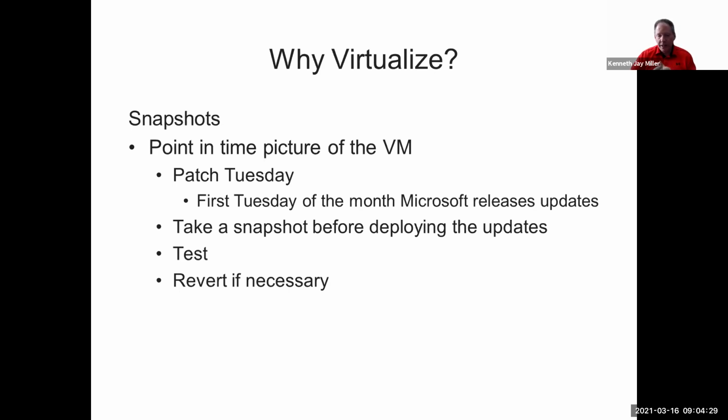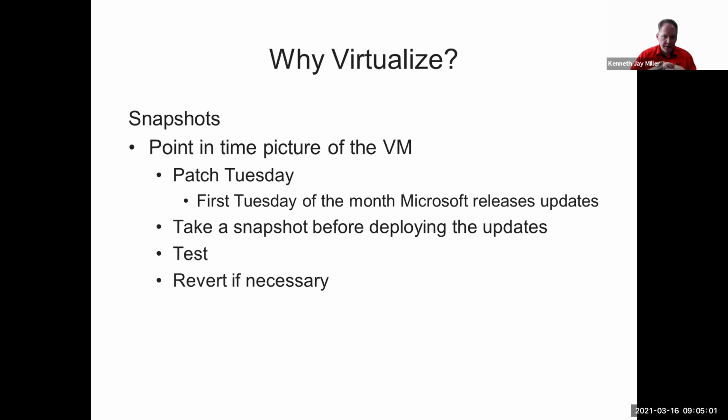But in a regular environment, we would probably want to use snapshots before we do any major changes to our virtual machines. So if we have a server and we know Tuesday is Patch Tuesday, the first Tuesday of the month when Microsoft releases updates, we may want to build into our systems every Monday night, early Tuesday morning, let's have it take a snapshot.